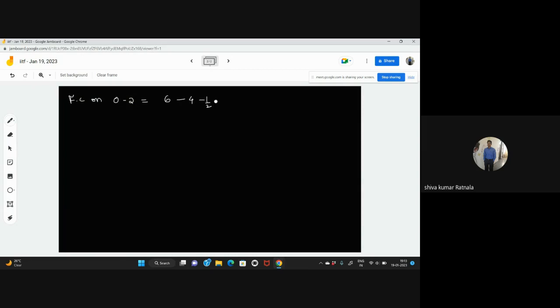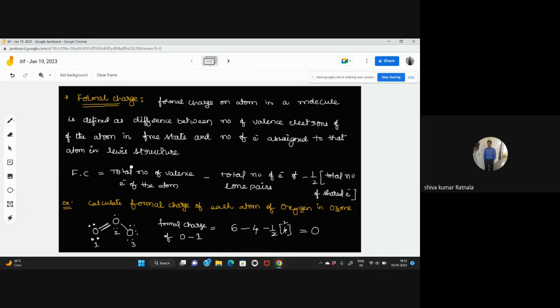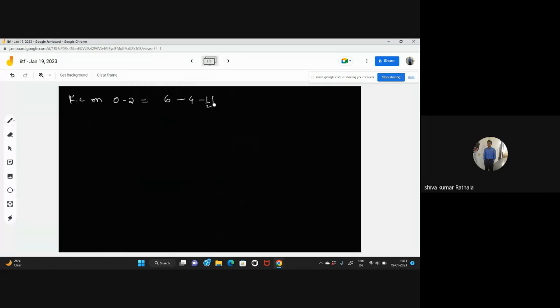Minus half into how many bonded electrons? 6. 2 plus 1, total 3 bonds. So this oxygen is involved with 3 bonds, right? Yes, sir. So 3 bonds means 6 electrons. So how much charge will we get? Minus 1, right?